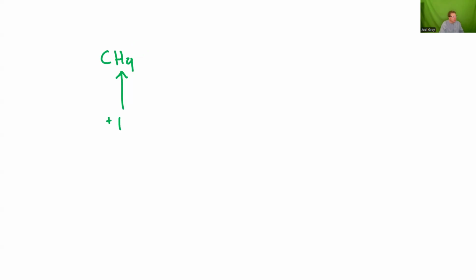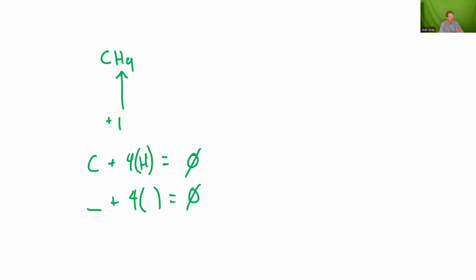So what I want to do is say C plus H, I've got 4 of them, equals 0. So blank plus 4 times blank is 0.